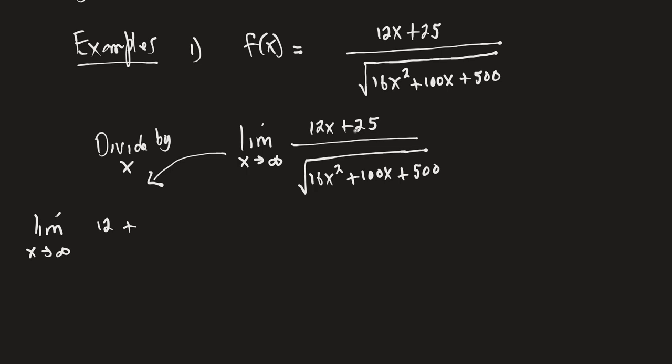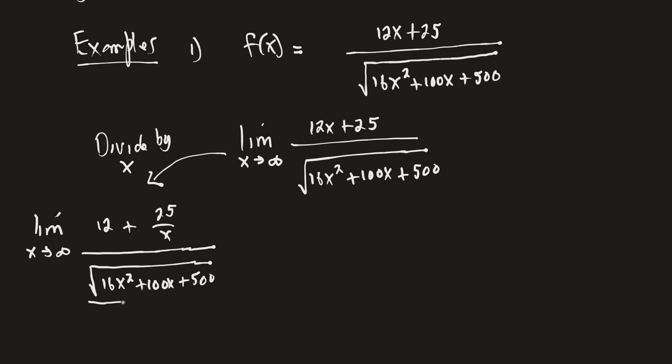Dividing the 25 by x will give me 25 over x. Now the denominator, because the entire denominator is under a square root, if I divide the bottom by x, it's going to look like this: the square root of 16x squared plus 100x plus 500, over x.